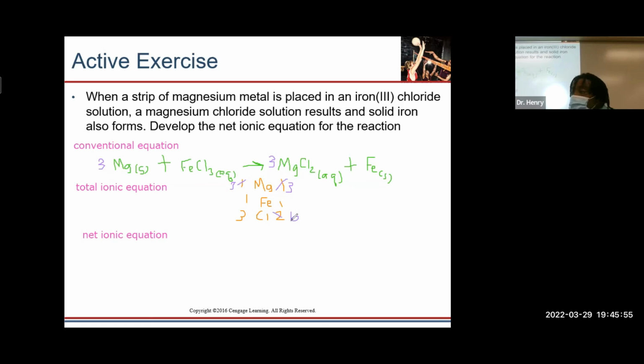Is that balanced? 2 here. Okay, so that gives me 6 and 2. Okay, so now we have it balanced.